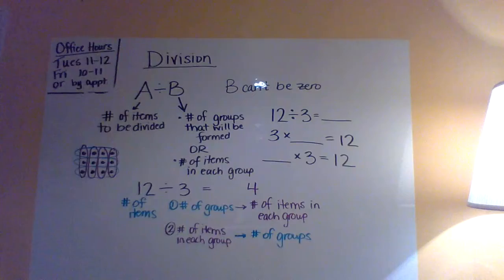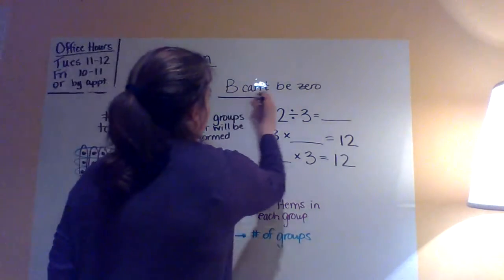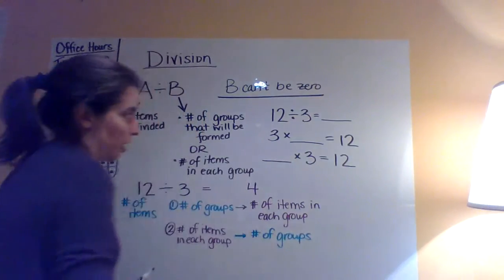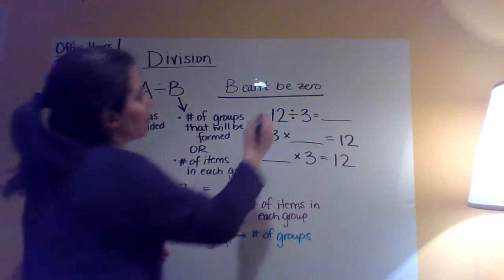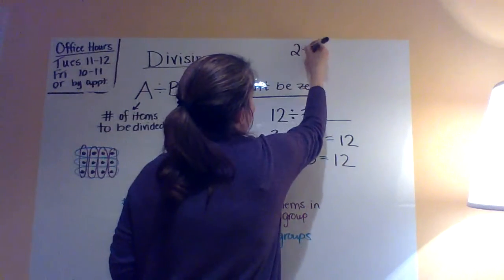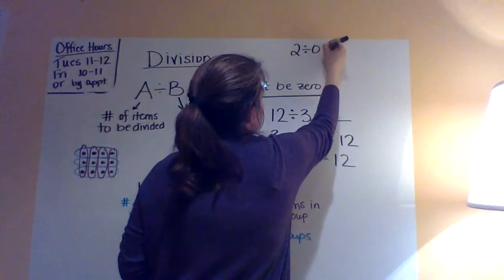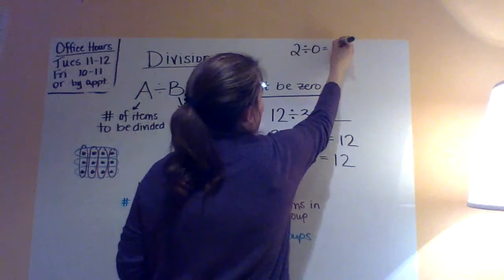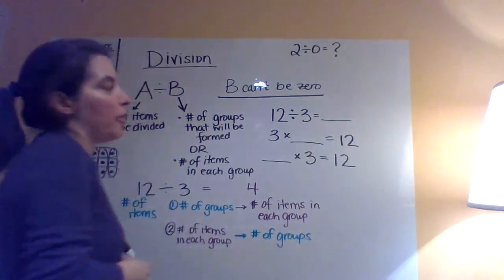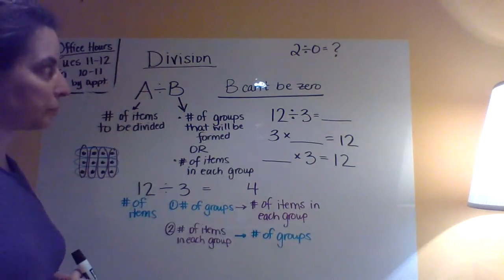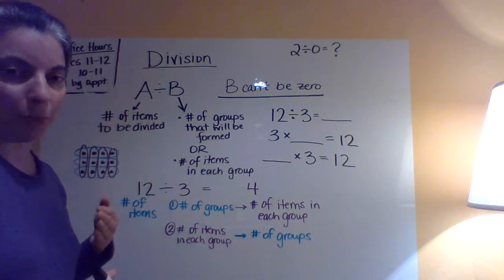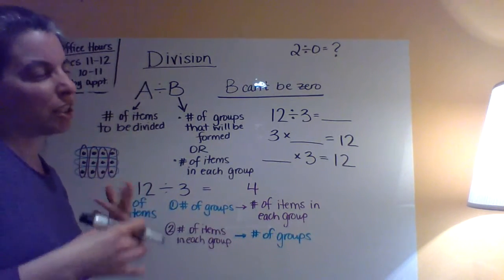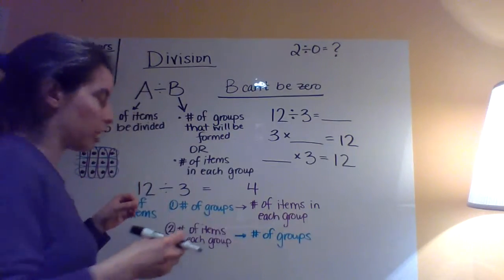All right, and let's go back for a minute to this statement that B cannot be 0. So let's pretend that we have 2 divided by 0. And we want to know, I'm just going to put a question mark, we want to know what that is. Well, if we think about this by flipping it into a multiplication problem, then that's going to help this become a little bit more clear.